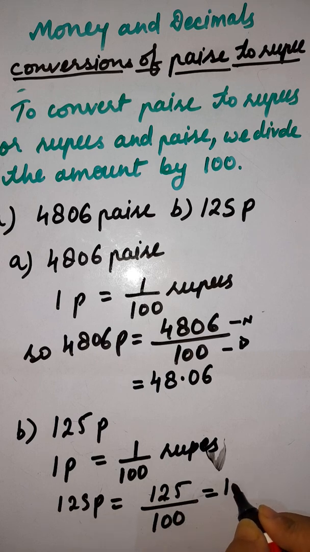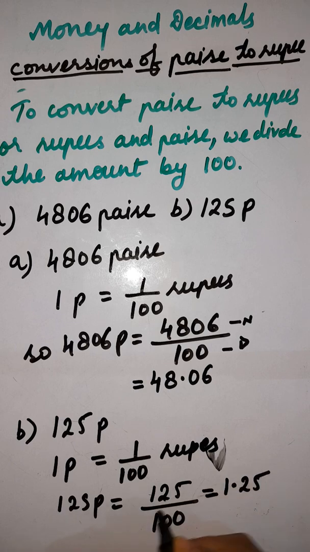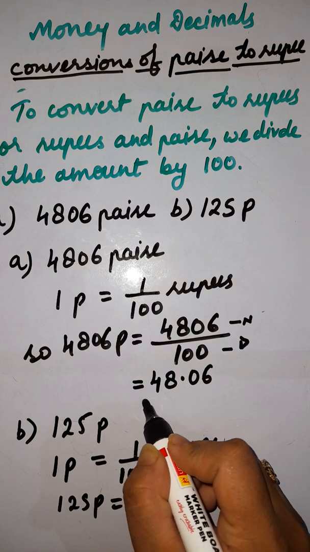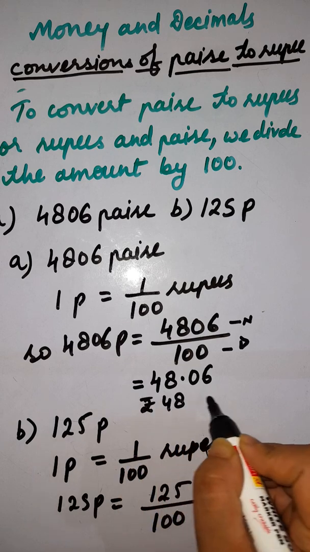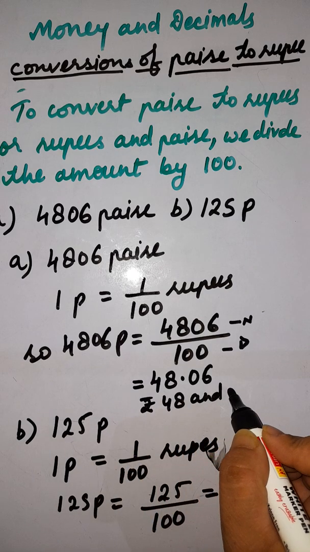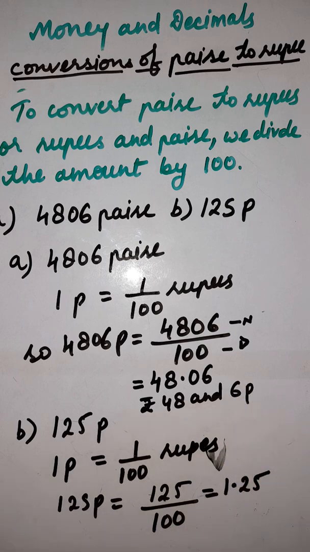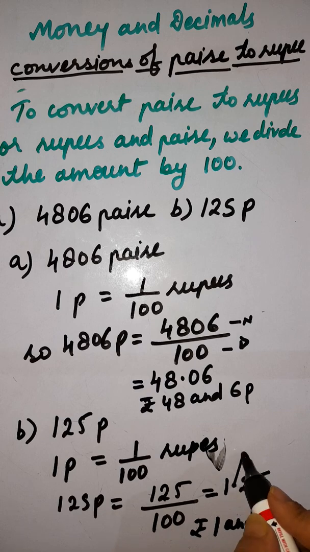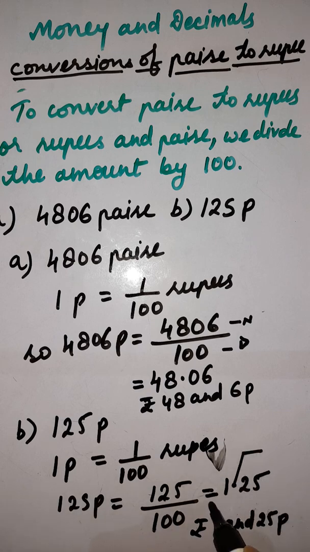So 1.25. The decimal part separates the rupees and paise. Here rupees 48 and 06, only 6 paise, and here rupees 1 and 25 paise. The decimal part separates the rupees and paise.